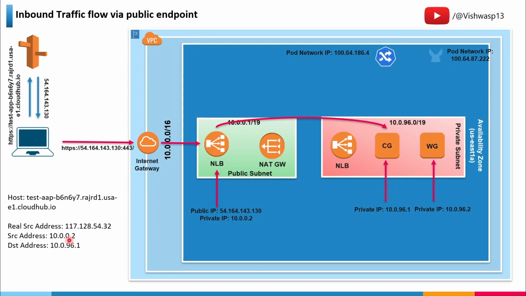Along with this, the real IP address, that is the public IP address of the client, is also retained in this IP packet. Once it reaches the controller node, the packet makes its way to the ingress pod that's part of the pod network. So again, the IP packet will be rewritten and the source and destination IP addresses would change.